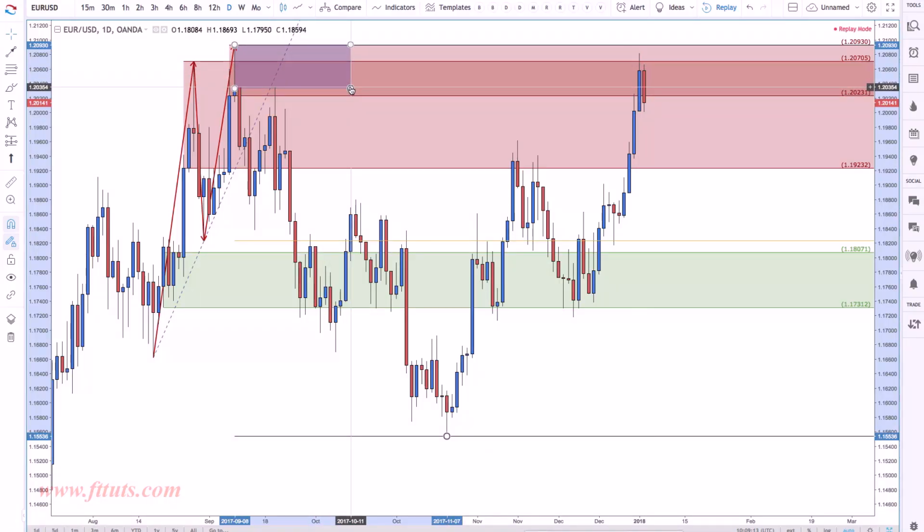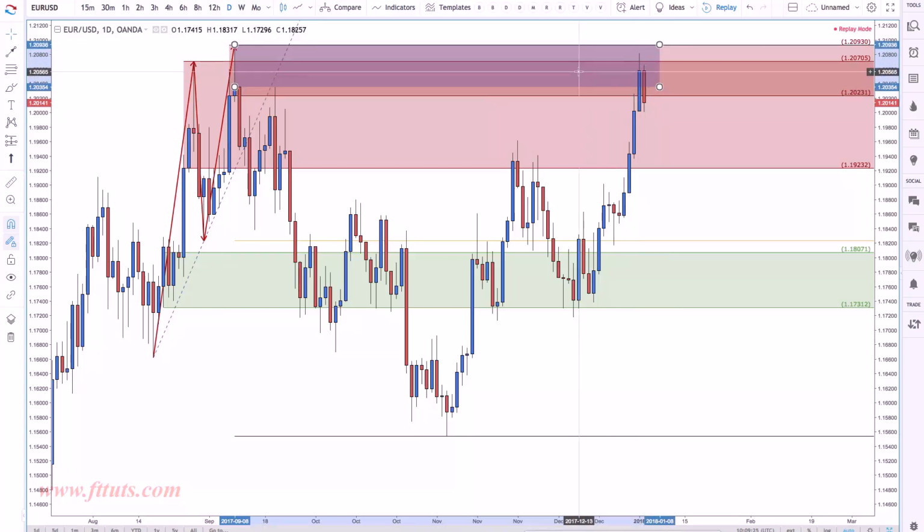Now, looking at entries, the entry really is up to you, and I will get into entries in another video, but this is just analyzing the actual levels. You want to understand where you're buying, the type of levels you're buying, the analysis around the levels, because the entry really is the last thing.